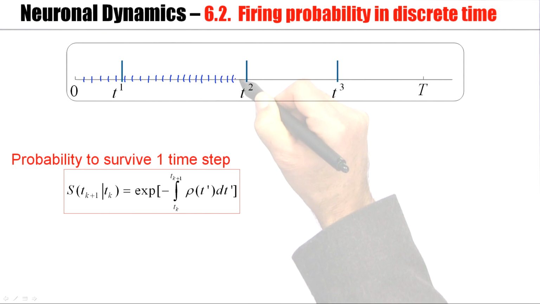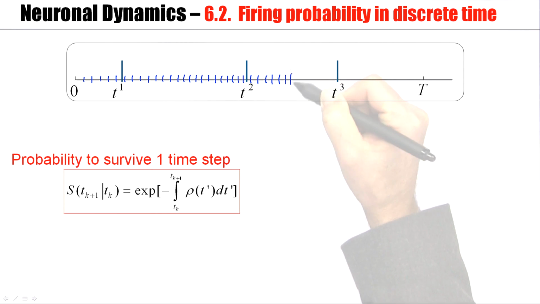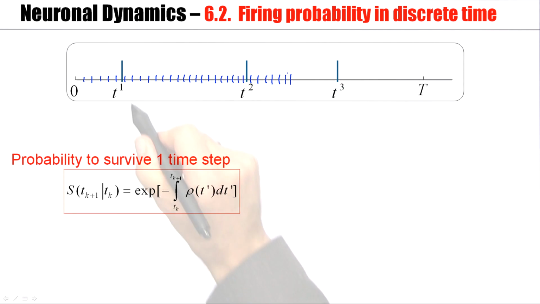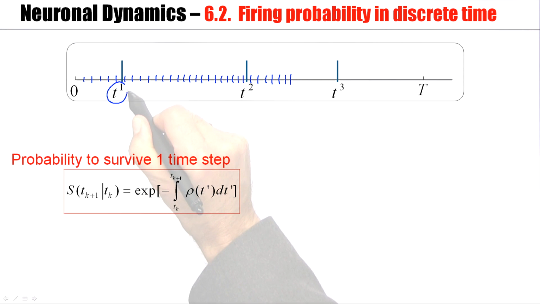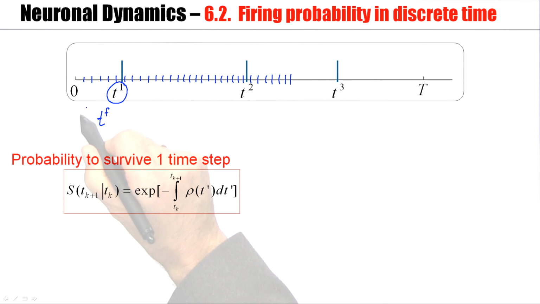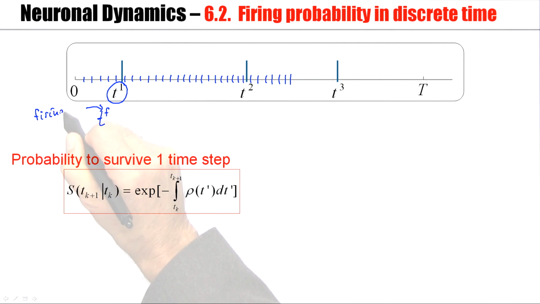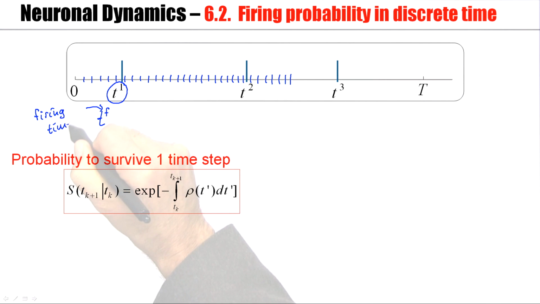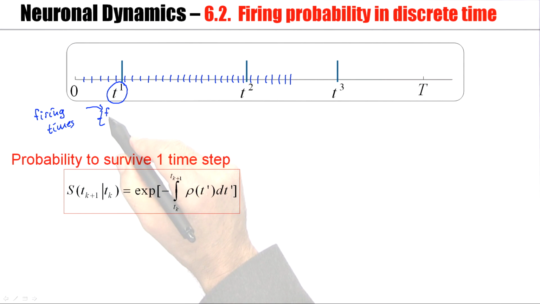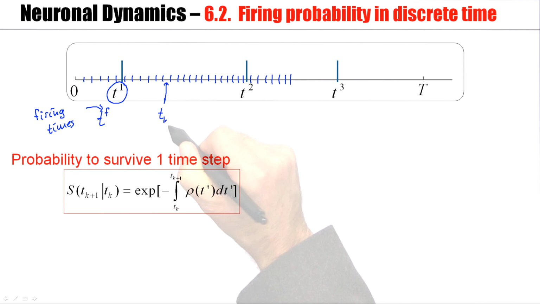So let's draw a couple of these discrete time steps, and I have a couple of spikes. So these are the firing times. The firing times have an upper index. Now an arbitrary time step, for example, this one here is tk. It's the lower index.